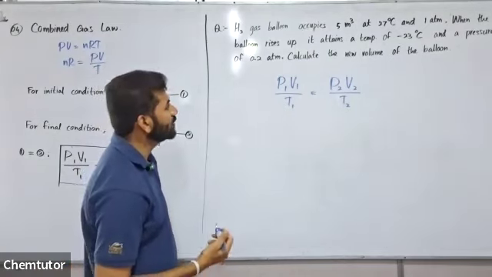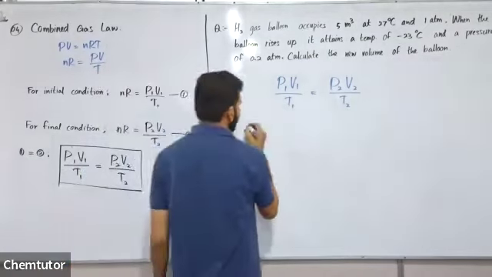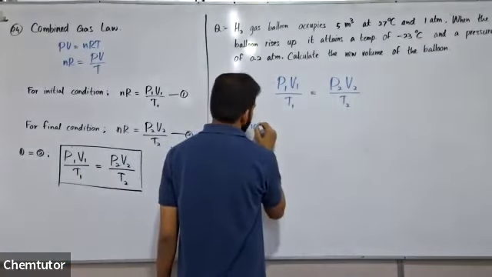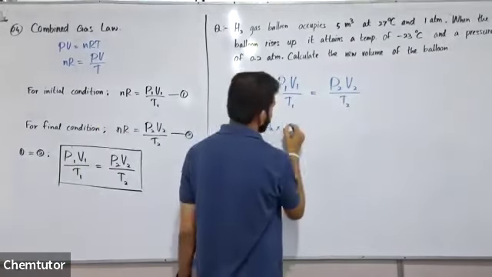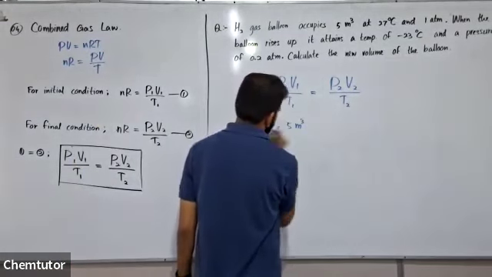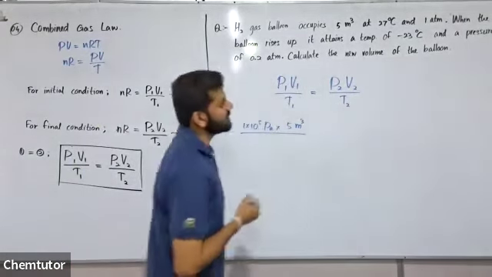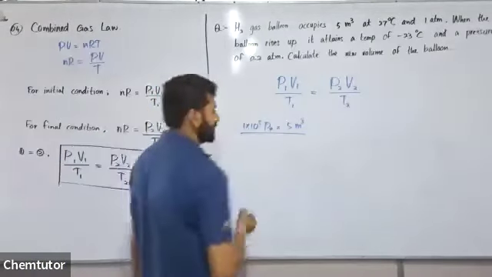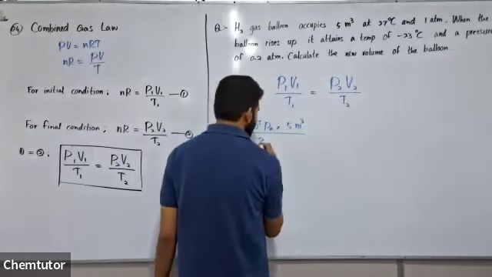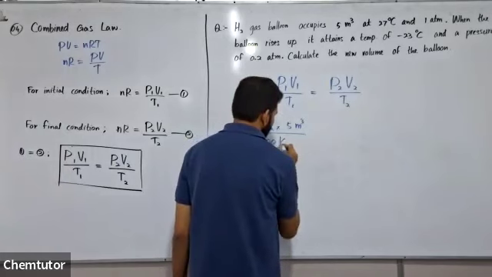The initial pressure was 1 atm, so it is 1 into 10 to the power 5 pascals. The volume was 5 cubic meters. The temperature was 27 degrees Celsius, which in Kelvin is 27 plus 273, that is 300.